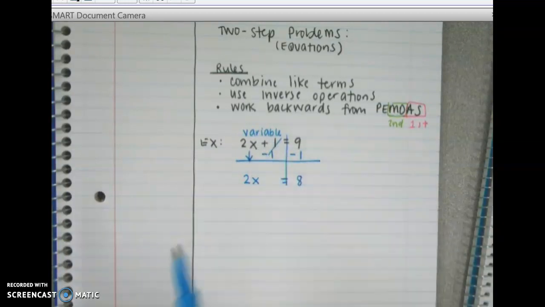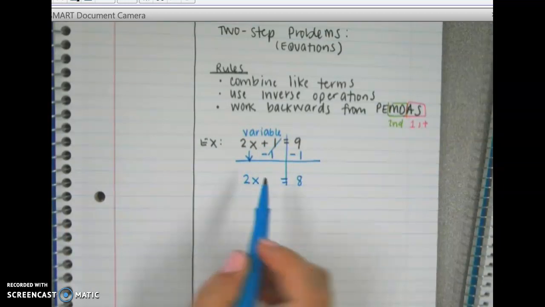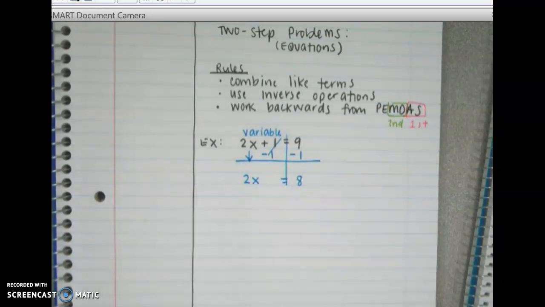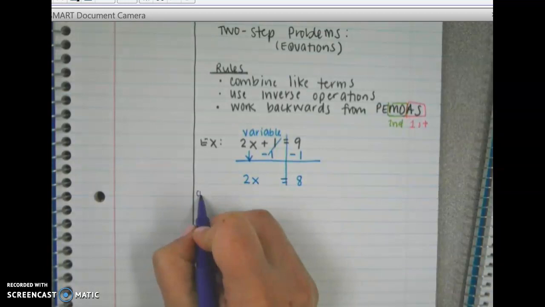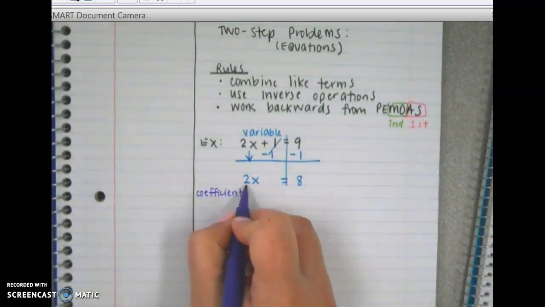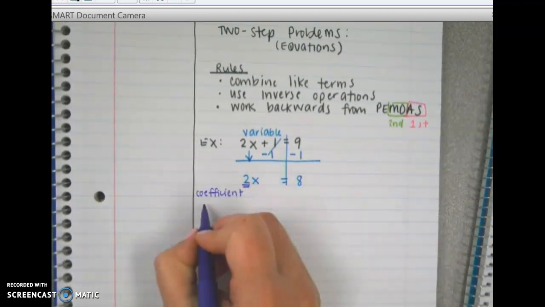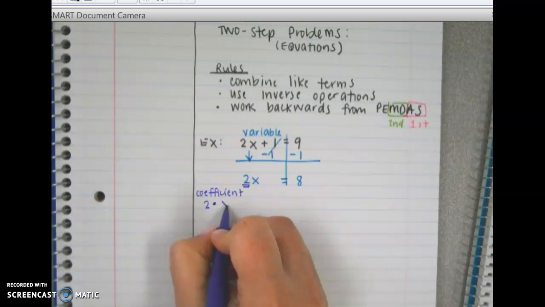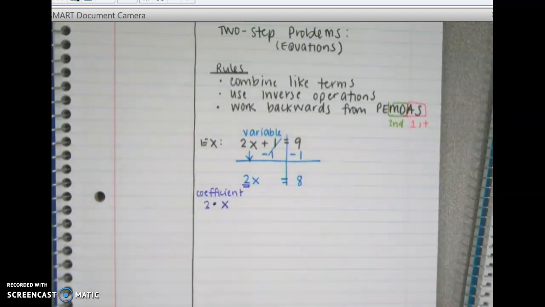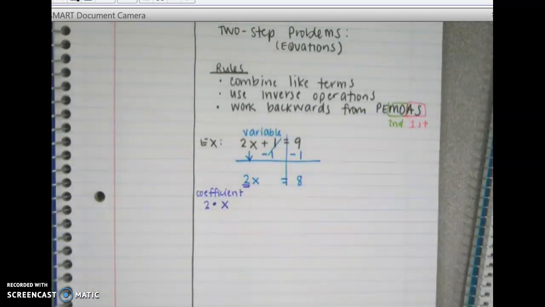All right, so now whenever you have a number in front of x, this is called a coefficient. And when you see 2x, it really means 2 times x. So I have a multiplication operation, and so the opposite of multiply is divide.